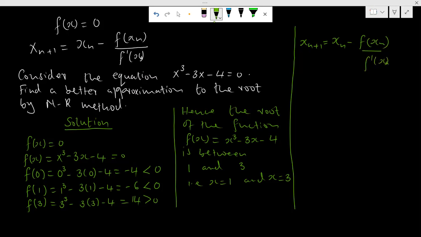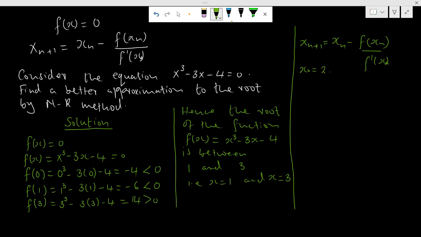Now, we can choose our x naught to be 1.5, or we can choose any point in between, maybe 2. We can choose our x to be equal to 2. But you can choose any point between 1 and 3. So for me, I've just chosen to use 2.